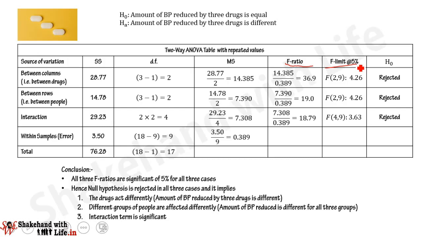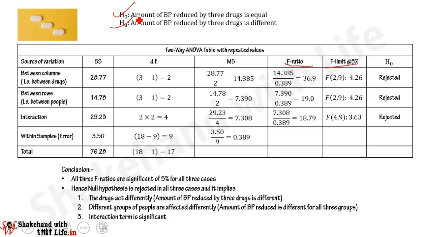Okay, now just remind the null and alternative hypothesis. So the null hypothesis H0 is the amount of BP reduced by three drugs is equal, right? And the alternative hypothesis is the amount of BP reduced by three drugs is different. That means the people are affected differently by the three drugs, right?